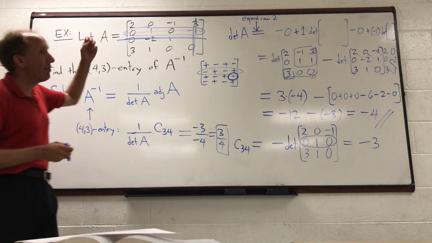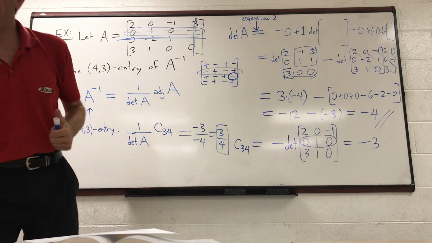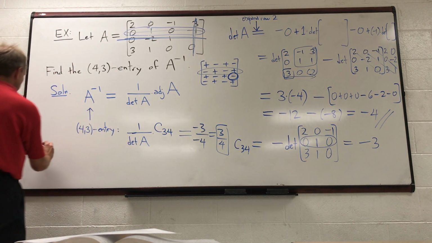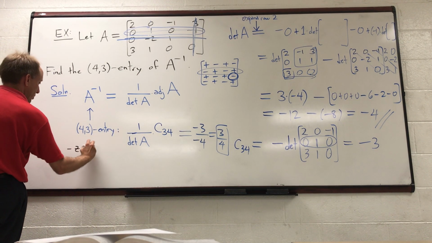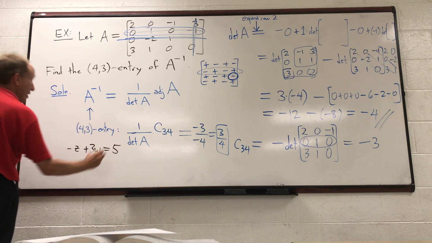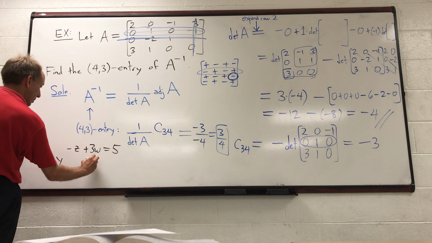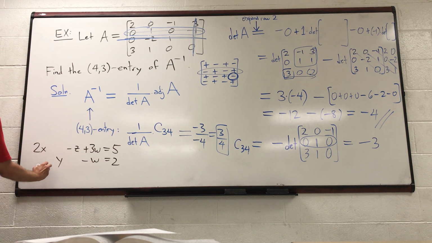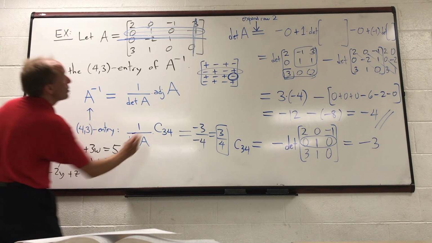Now I could also give you a linear system. And I like to do part A and part B a lot of times. I could give you a linear system where I do something like this. 2x minus z plus 3w equals 5. And then, I don't know, y minus w equals 2. And negative 2y plus z, was this a 1?